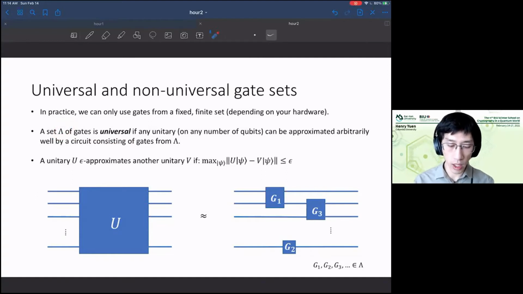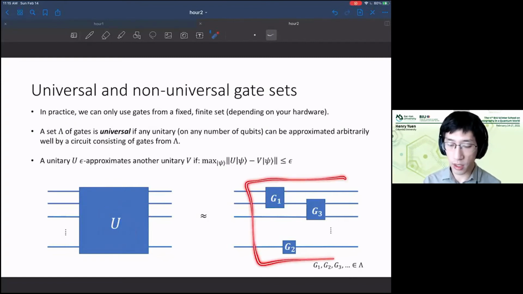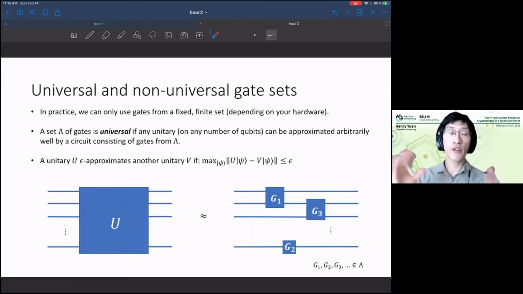If someone walks up to you with this unitary U, then you can break it down into a circuit consisting only of gates from this gate set, and you can approximate this unitary U arbitrarily well. And by notion of approximation here, we just mean that if you plug in any input vector into either the ideal unitary versus the circuit that you built, the output states will only differ by epsilon.